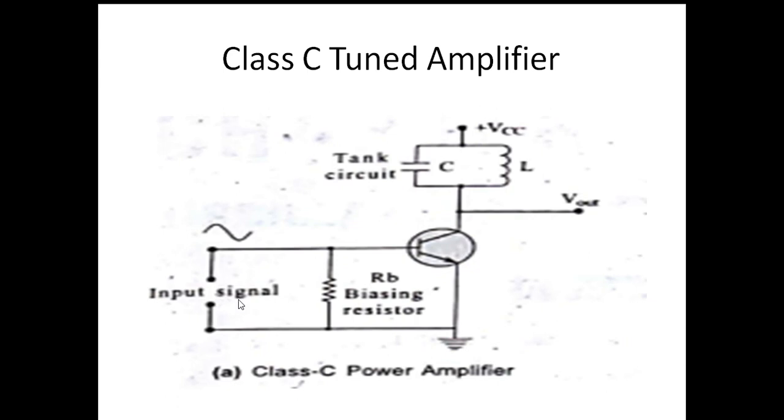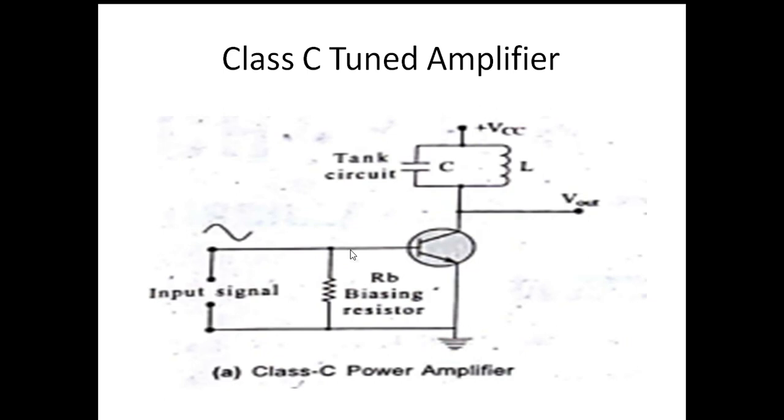Since the input signal is applied between base and emitter, the input signal will flow through the biasing network R1, R2 or RB. This is used to provide how much DC voltage it requires to keep the transistor in active region.